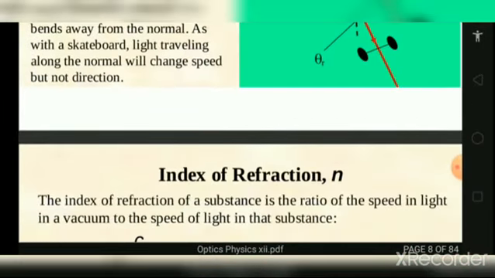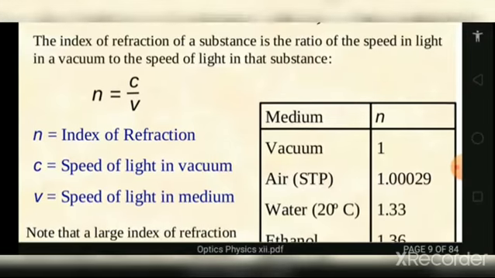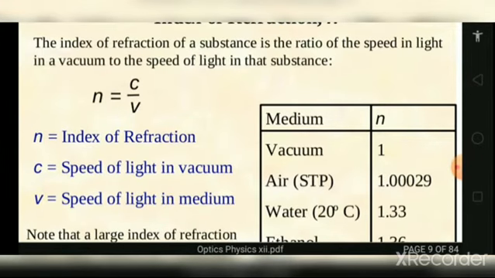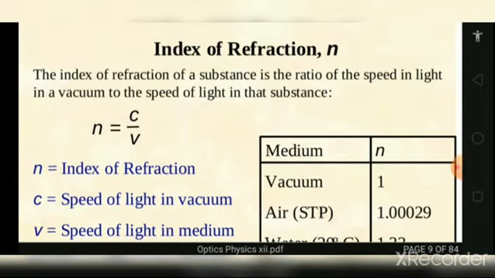Now think about what is the cause of that. It is the index of refraction.